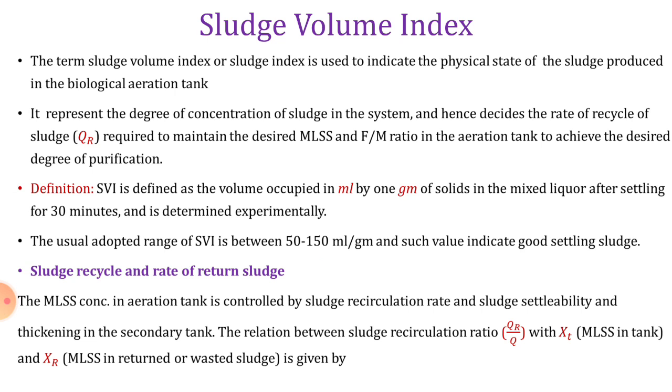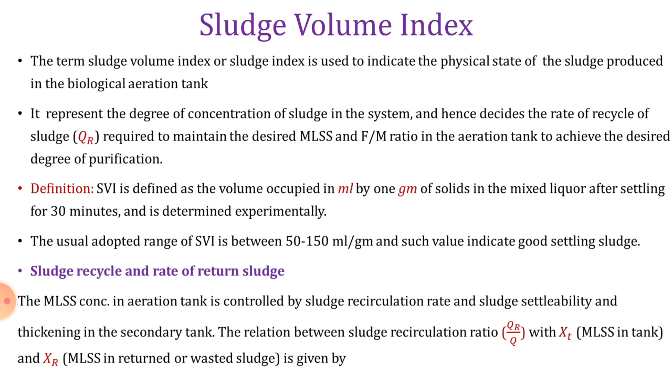The technical definition of SVI is the volume occupied in ml by 1 gram of solids in the mixed liquor after settling for 30 minutes, and it is determined experimentally in the laboratory. The usually adopted range of SVI is between 50 to 150 ml per gram, and such a value indicates good settling velocity.